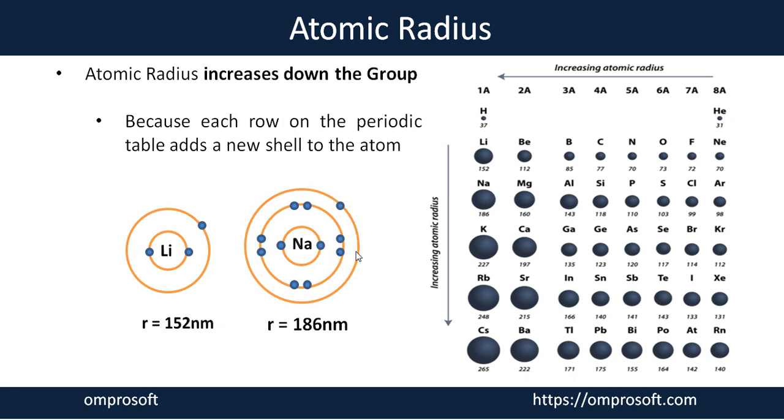And if the number of shells increases, it means the distance between the nucleus and the outermost shell increases. And why does the attraction not become strong? Because the number of electrons in the outermost shell does not increase, it's constant.